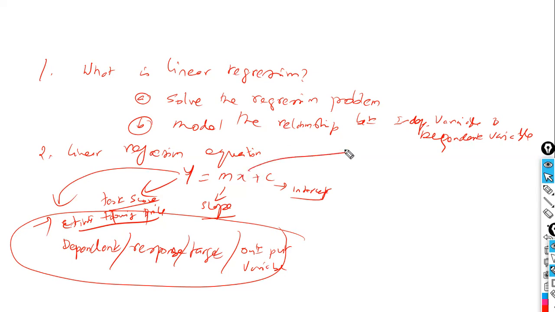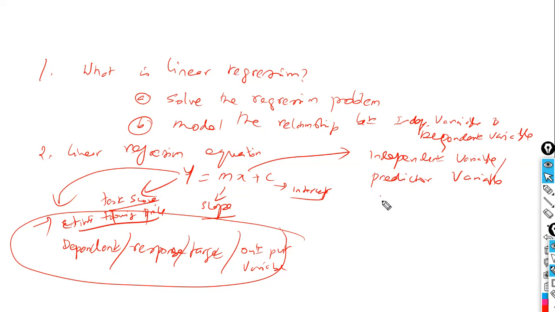X is your independent variable. It is also called the predictor variable or input variable. They use different terms. All of them are the same, but they interchangeably use any one of them.